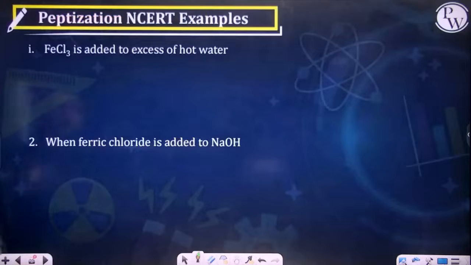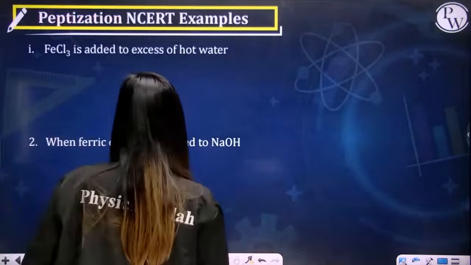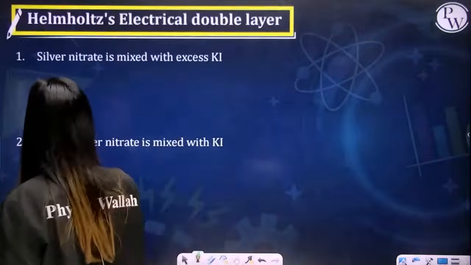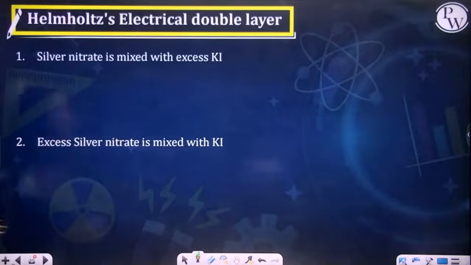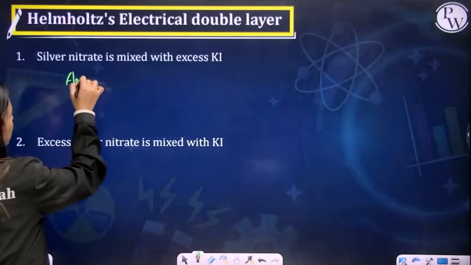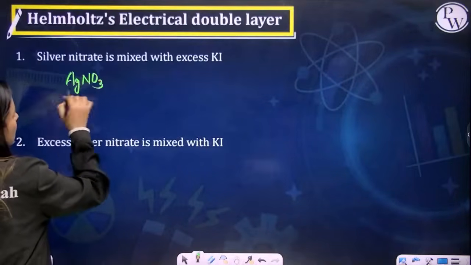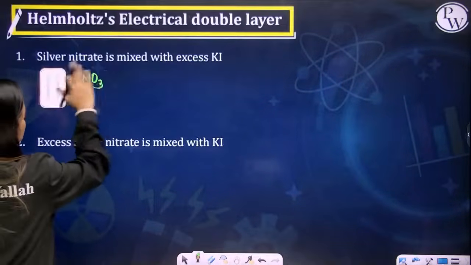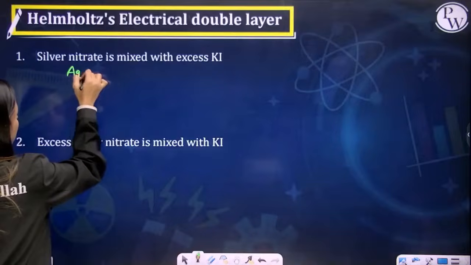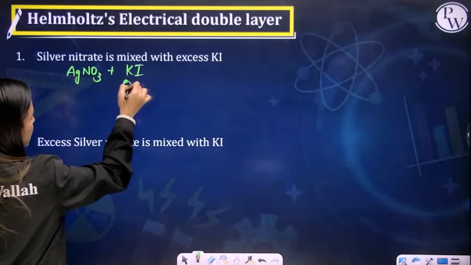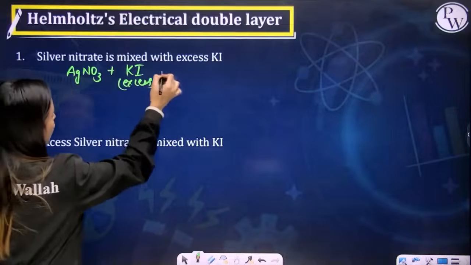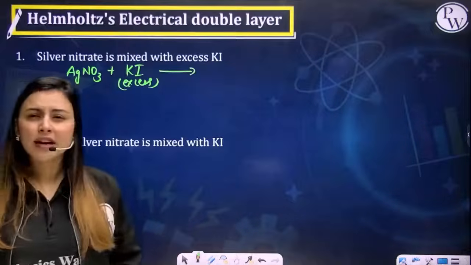So now let's take an example. Let's say you have silver nitrate, AgNO3. You added this with KI, which is in excess. I hope all of you remember your inorganic a little bit.